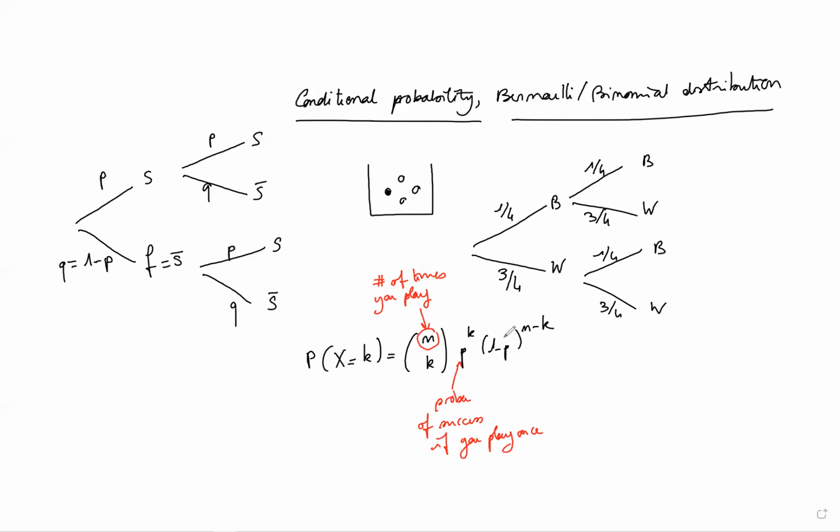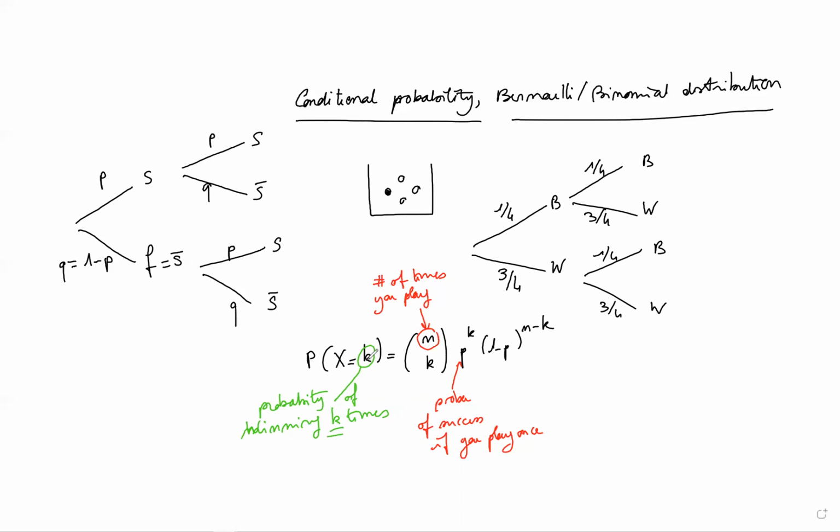Okay? And now K is what you want to compute. If you want to compute the probability, if you play, for example, 10 times, of winning 4 times, this is of winning K times. It's the number of times you want to win.